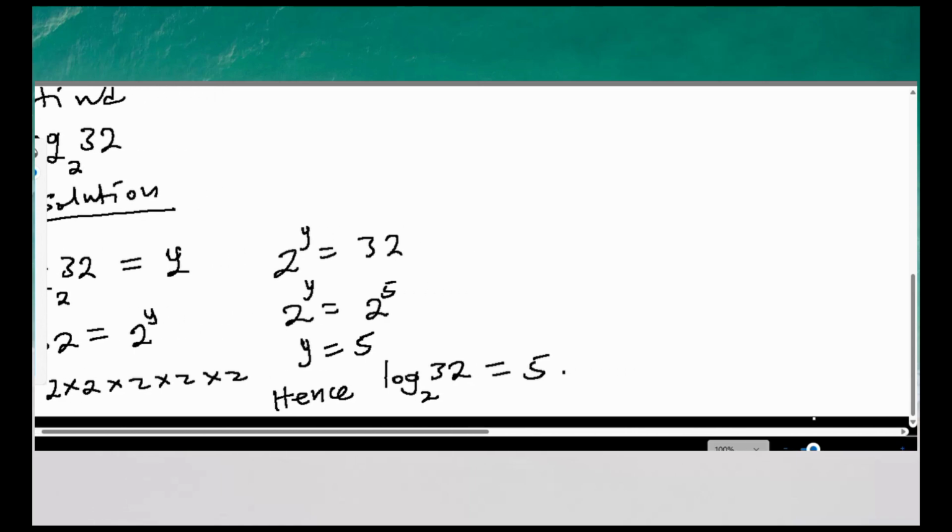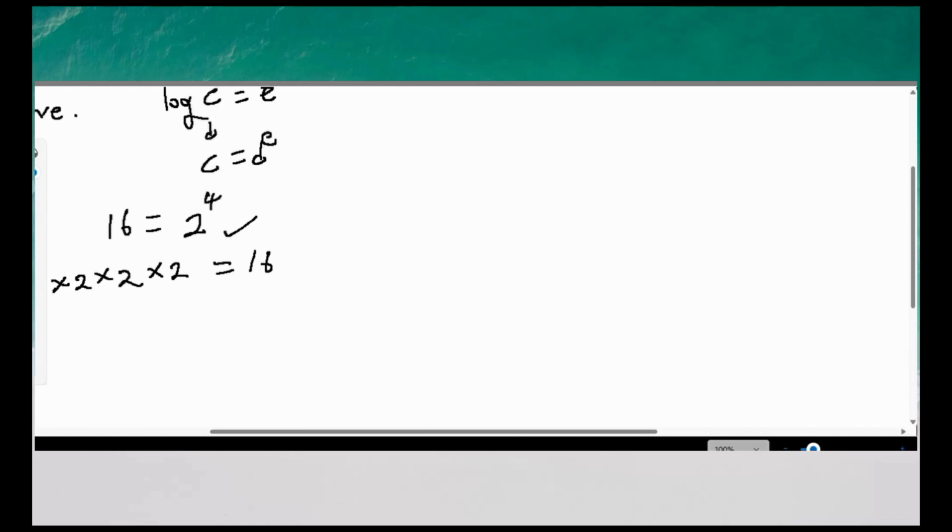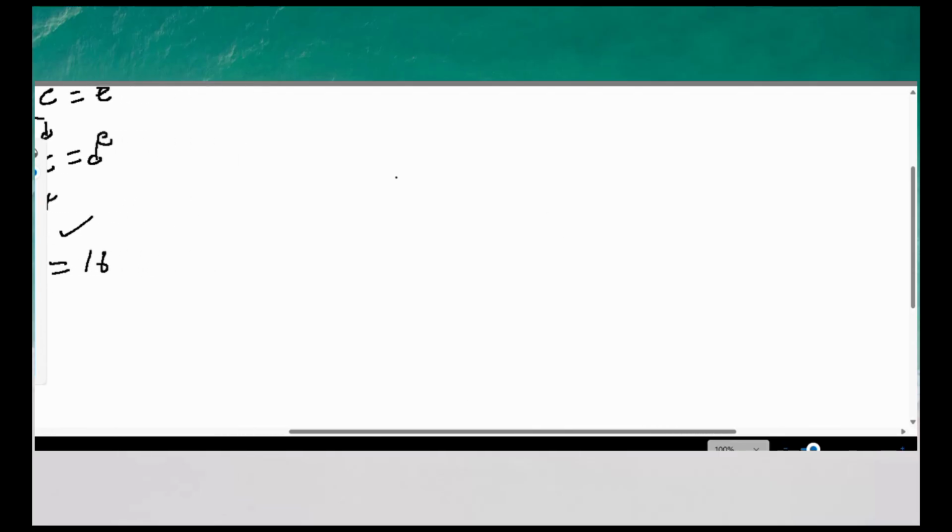Let us try another one. Let us find log 27 base 9.